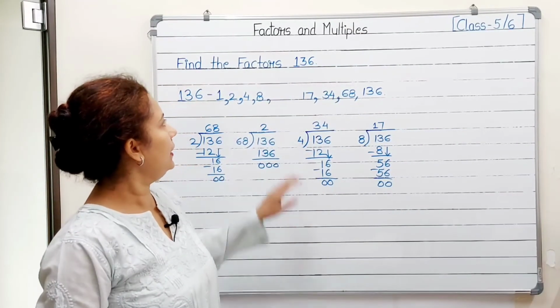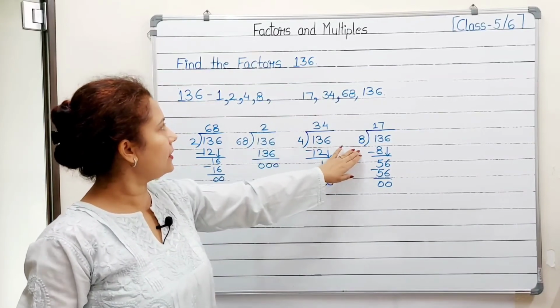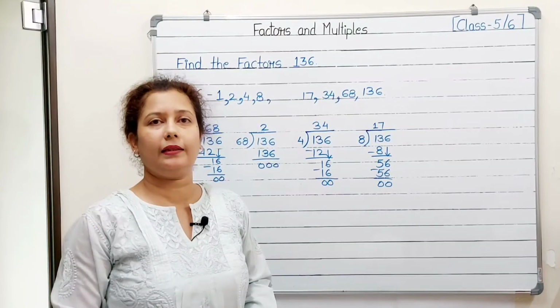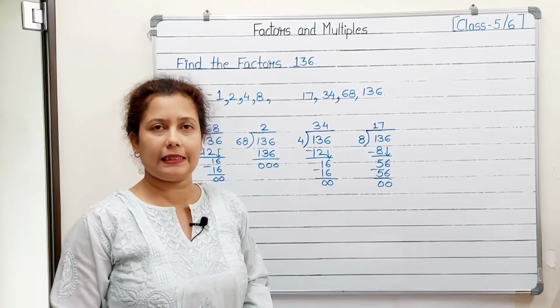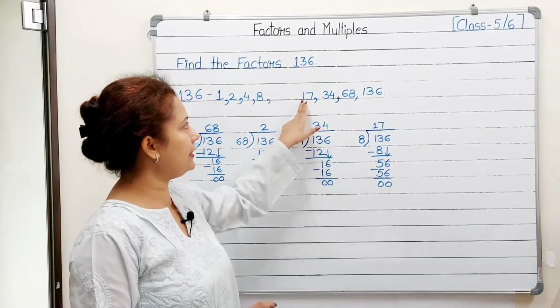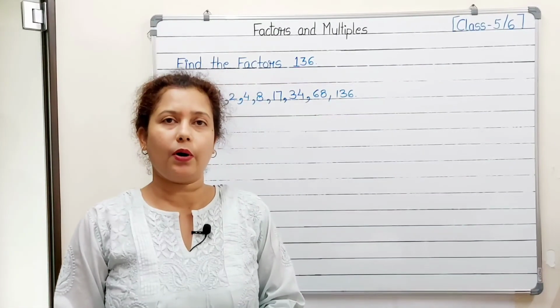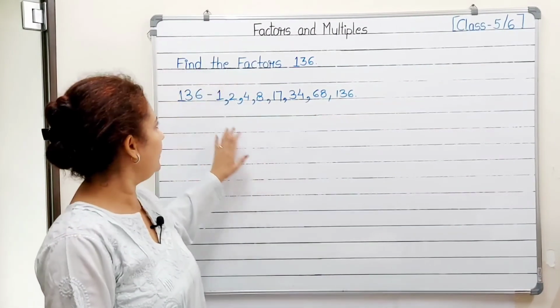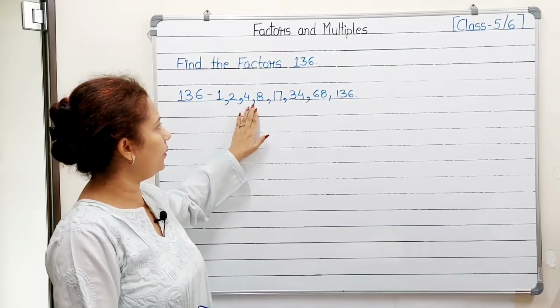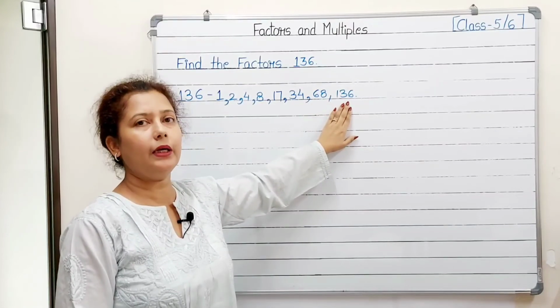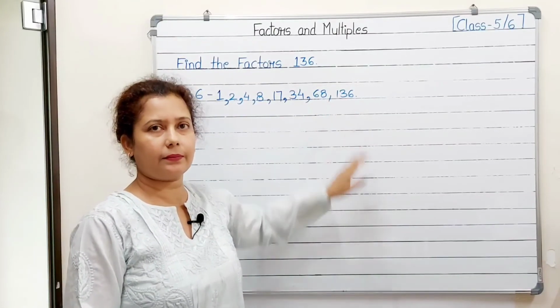So here again 136 is not divisible by 9, 10, 11, 12, 13, 14, 15, 16. It is divisible by 17 but we have already written it here. So the factors of 136 are 1, 2, 4, 8, 17, 34, 68 and 136.